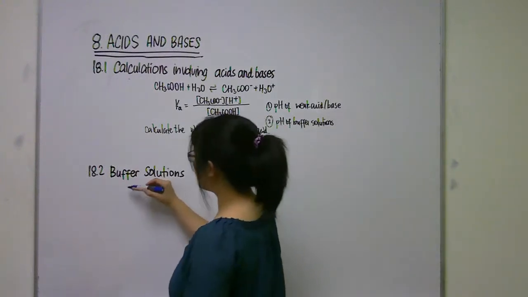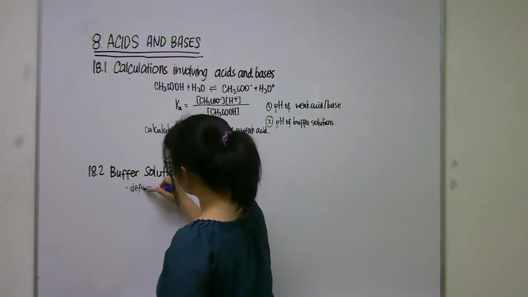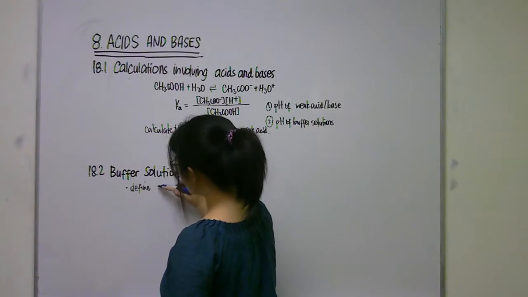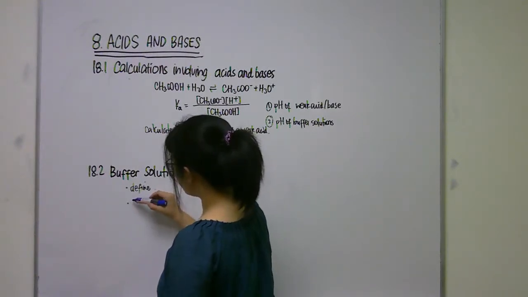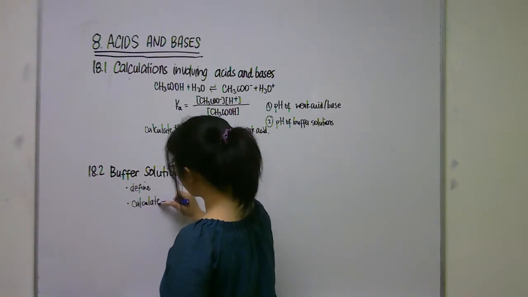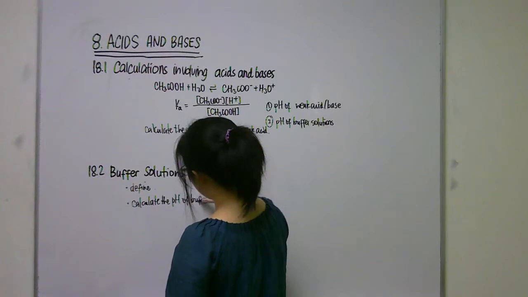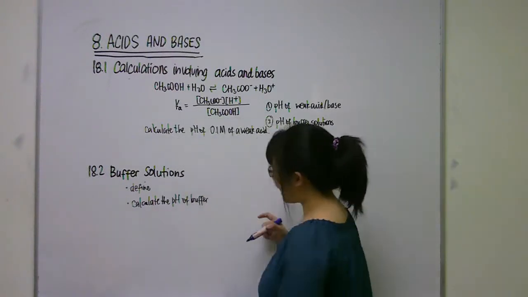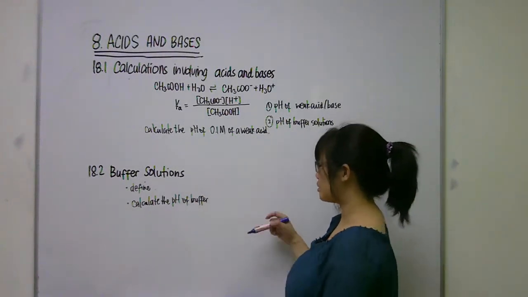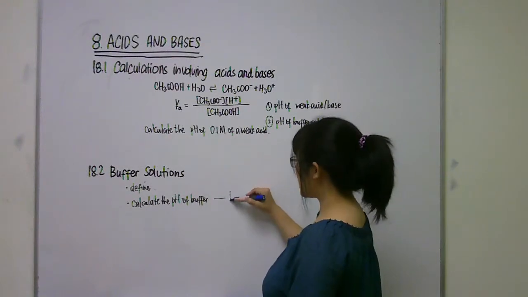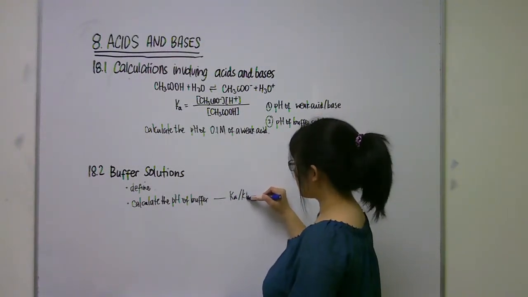Now for buffer solutions, you need to define what a buffer solution is, and you need to be able to calculate the pH of a buffer. I think there are two methods to this, okay? One is you can use the Ka or Kb expression.